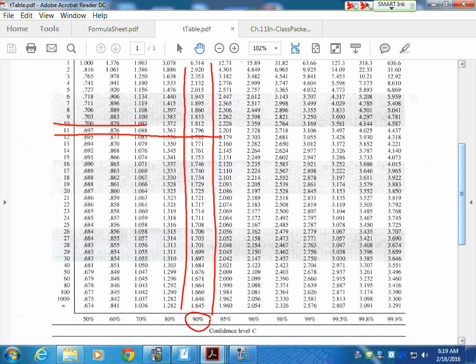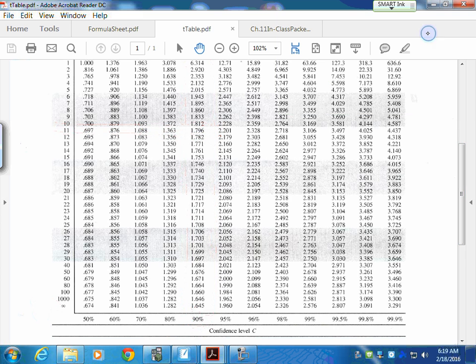And then all we're doing is being careful to make sure we line up and find our T star value. Okay, it's a lot quicker to use the table than it is to use the graphing calculator. Okay, so definitely use the table in that situation. If you're dealing with a Z problem, remember, the Z value is just listed at the bottom. The rest of the table is T values.